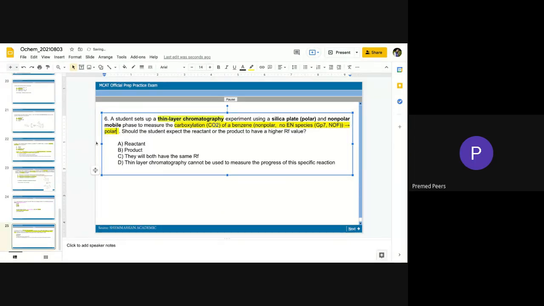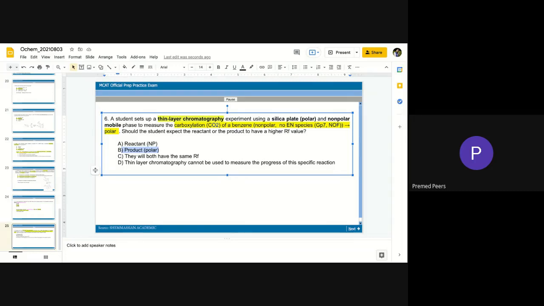Okay. So our product is polar, the reactant is nonpolar, and the silica plate, the stationary phase, is going to attract our product, right? Our product is going to adhere to the stationary phase more, so it's not going to move as much.